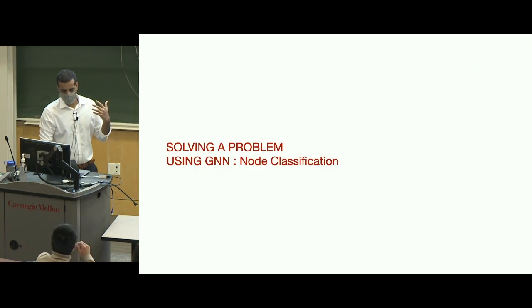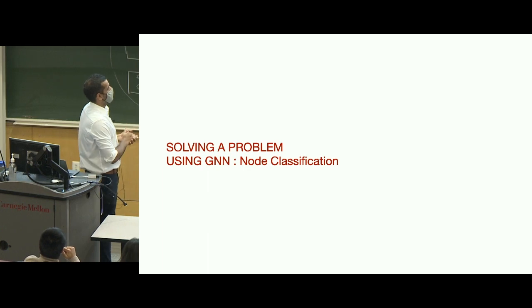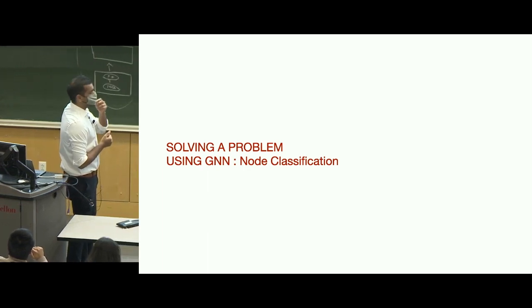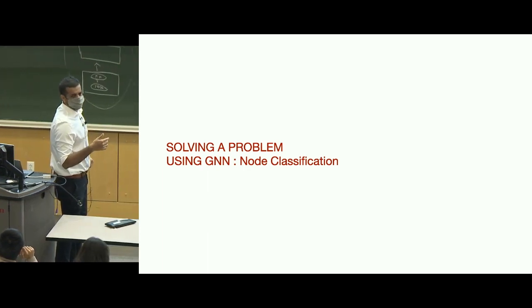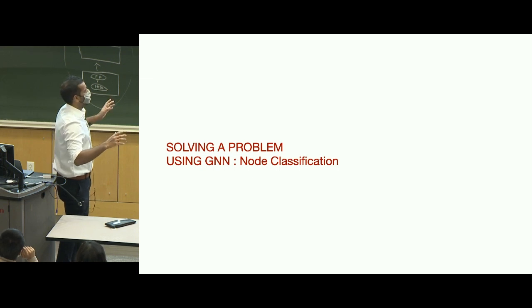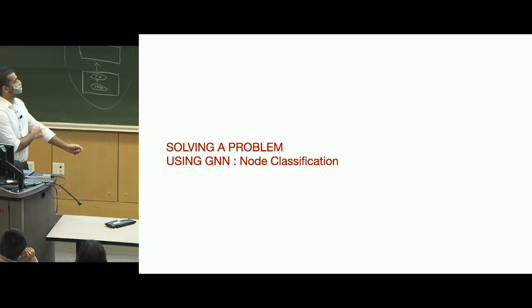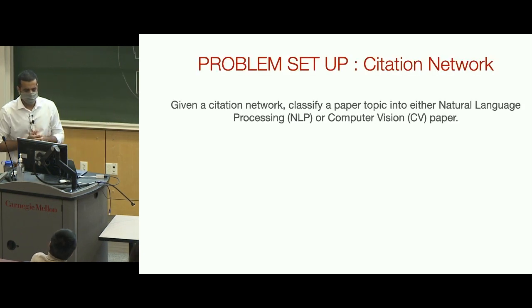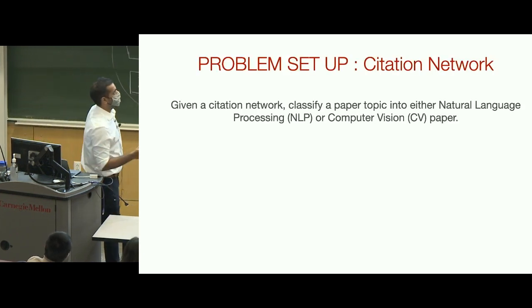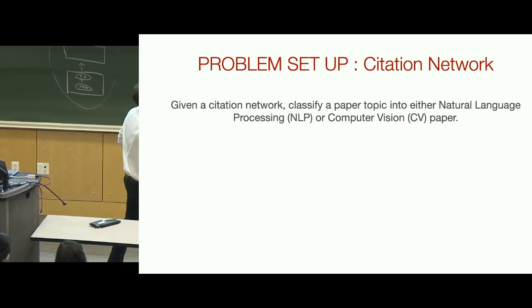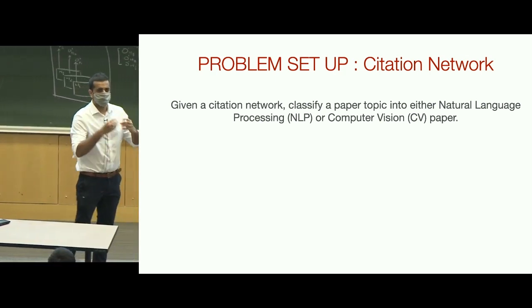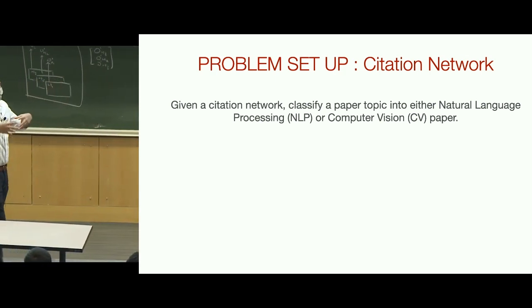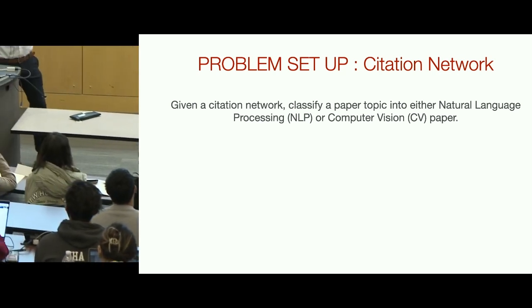So to introduce graph neural networks, let's try and solve a problem using graph neural networks, and hopefully we get an understanding of what they do. We look at the problem of node classification. The problem setup is we have a citation network, where papers are connected to other papers by what papers they cite.